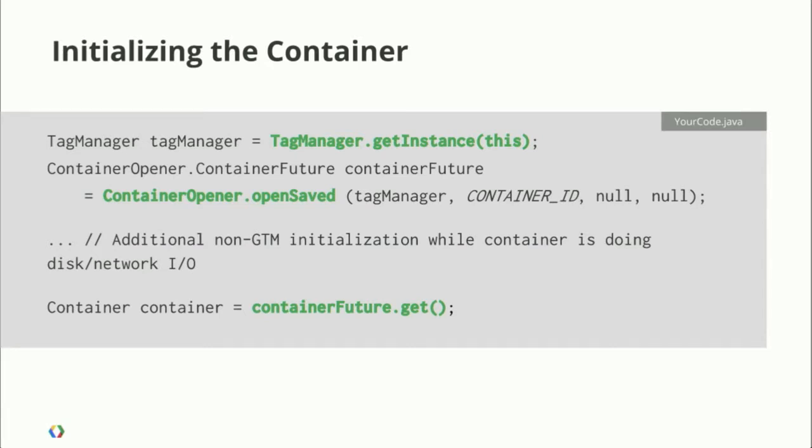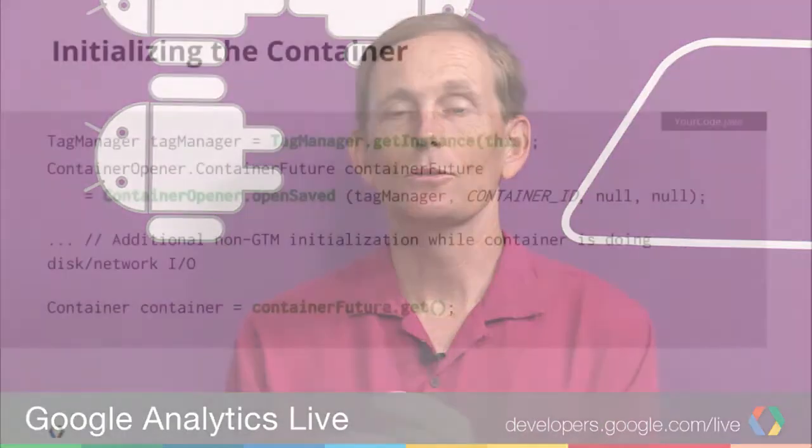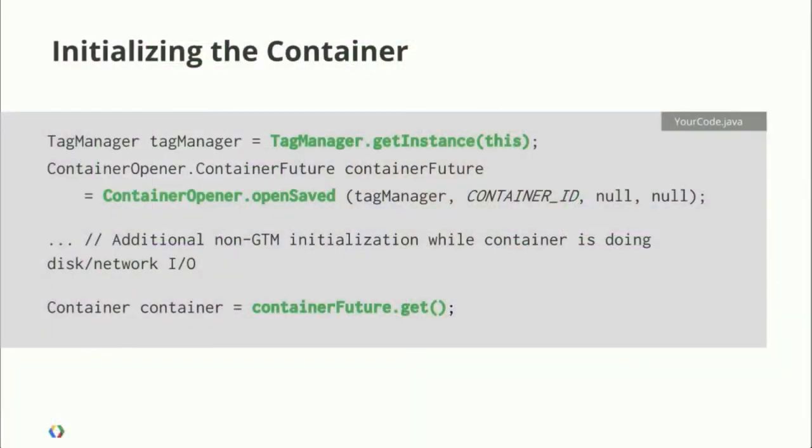That doesn't actually return the container, so let's make clear what happens. When you are first running your app for the very first time, there's been no communication to the web. So you run your application, and it needs to go to the web to get the current version of the container. Now, we don't know how long that's going to take, and we also don't even know whether they're connected to the network. So when you call open, we return what's called a future.